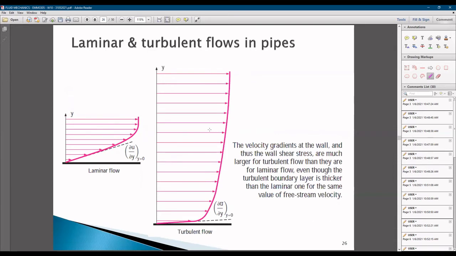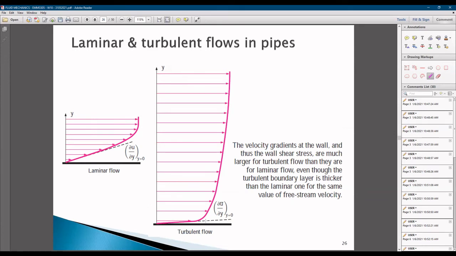The velocity gradient at the wall, and thus the wall shear stress, are much larger for turbulent flow than they are for laminar flow, even though the turbulent boundary layer is thicker than the laminar one for the same value of free stream velocity. As you can see here, imagine that this could be the wall.